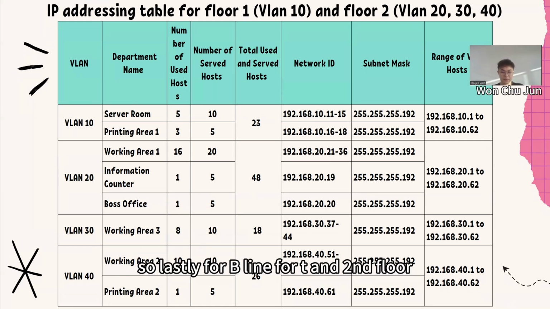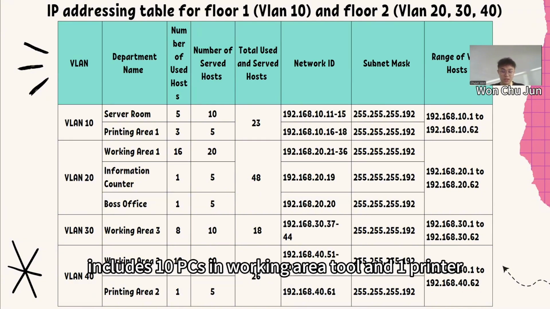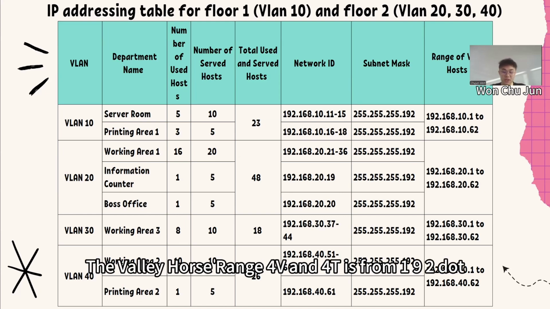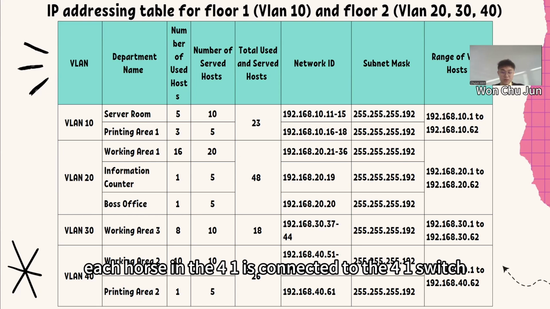Lastly, for VLAN 40 on the second floor, there is a total of 26 used and reserved hosts, 11 used and 15 reserved respectively. The used hosts include 10 PCs in working area 2 and 1 printer at printing area 2. The network ID in use is 192.168.40.51-60 at working area 2 and 192.168.40.61 for printing area 2. The valid host range for VLAN 40 is from 192.168.40.1 to 192.168.40.62.